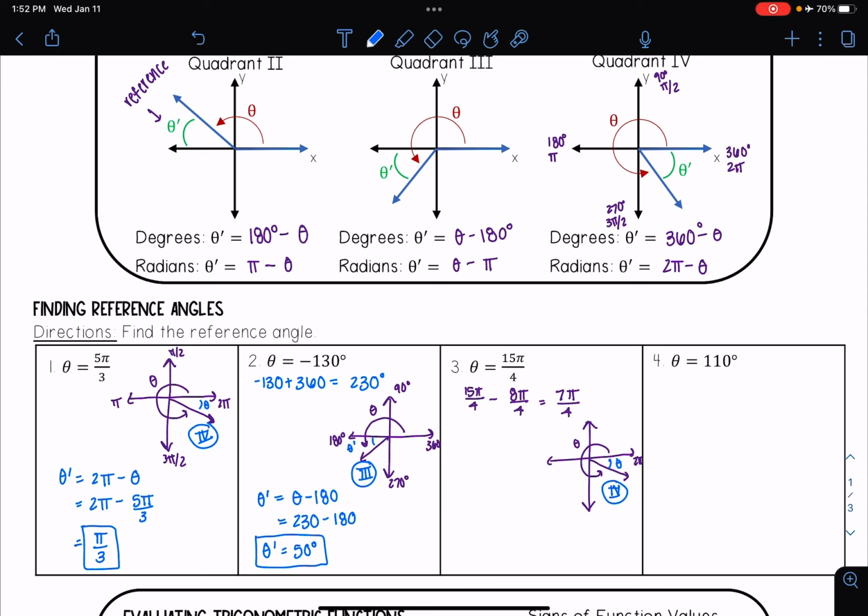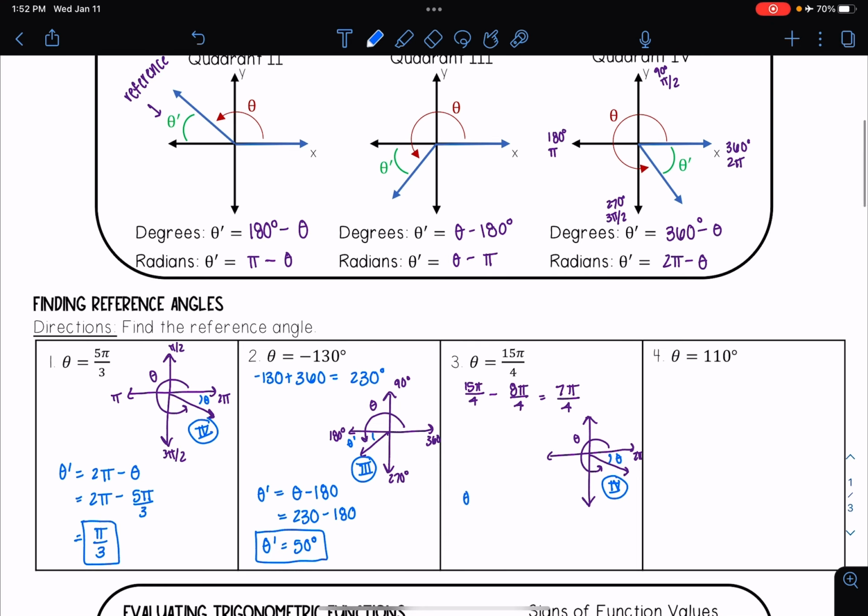Looking at my quadrant 4 equation, theta prime is equal to 2 pi minus theta. So I get 2 pi minus 7 pi over 4, and when I subtract those, I get that theta prime is equal to pi over 4.